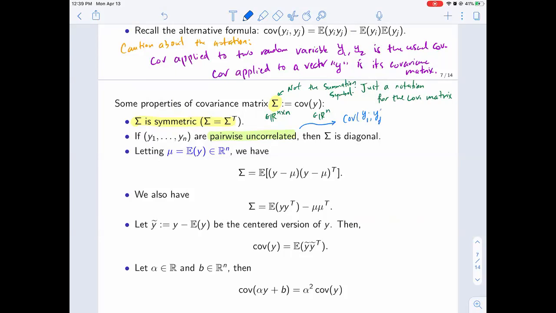I'm going to emphasize that later in the course. Independence is a stronger assumption. So if yi is not equal to yj, then the covariance of yi and yj is 0, but not necessarily independent. It's good to remember.